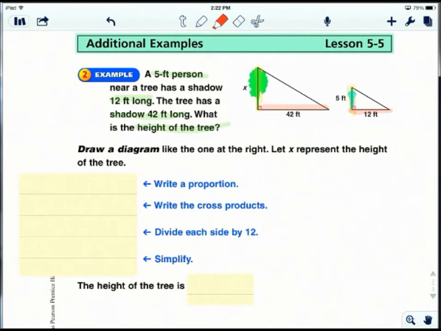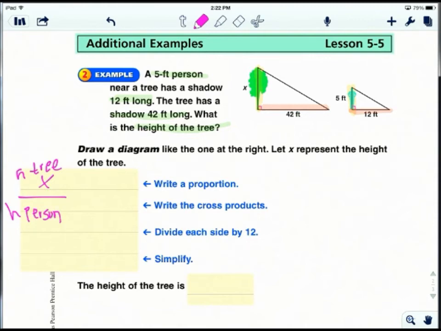Now, just like before, we're going to set up our proportion, and remember, if we put our units or what we're dealing with, then we can be absolutely sure that we are not setting it up incorrectly. So here, I'm going to do the height of the tree, which is X, over the height of the person, which is 5, equals, now since I started with the tree on top, on the other side I need to start with the tree also.